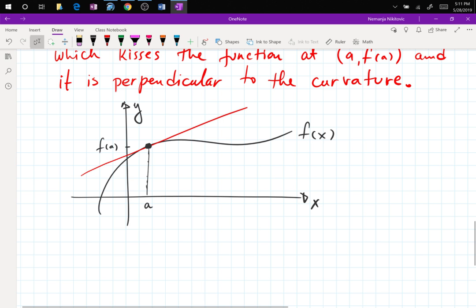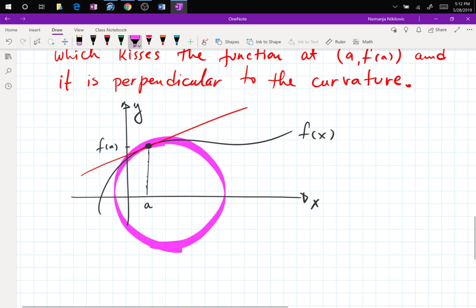Anytime when you have any type of a curve, you are able to fit a circle for the curvature you have. That circle doesn't apply on the sides, but it applies in a small neighborhood perfectly, a small neighborhood around the point of interest, which is where they touch.